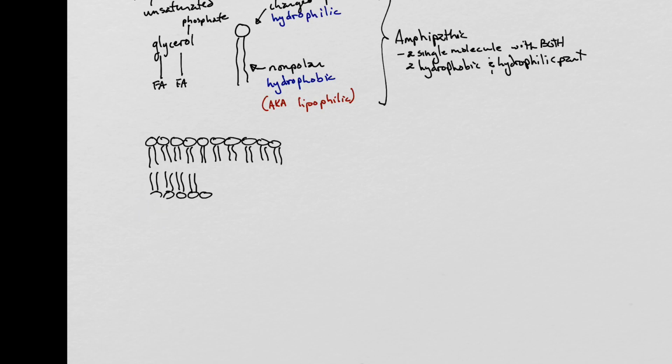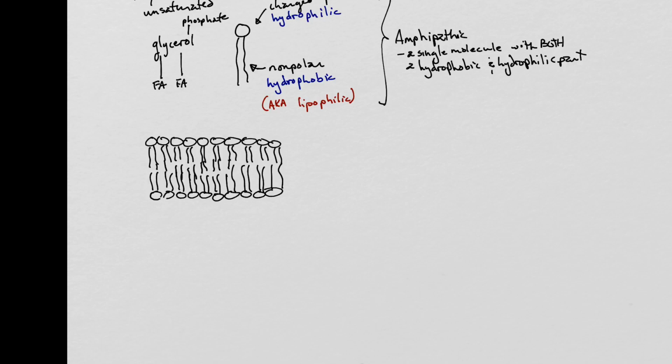Oh no, I lost some heads. Okay. There's 5, 6, 7, 8, 9, 10. Oops, I need to be drawing these tails up here a lot closer. They should be meeting right here in the middle. There we go. Okay. So this is a good example of a phospholipid bilayer.